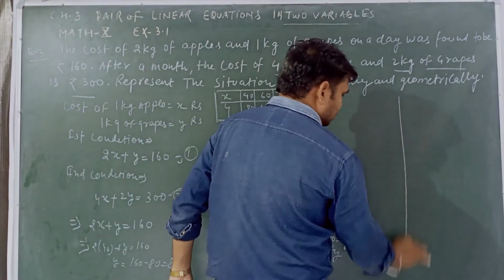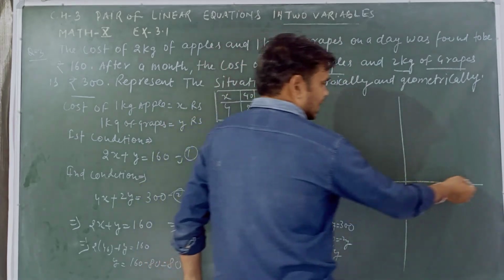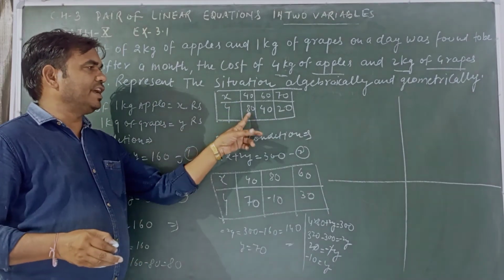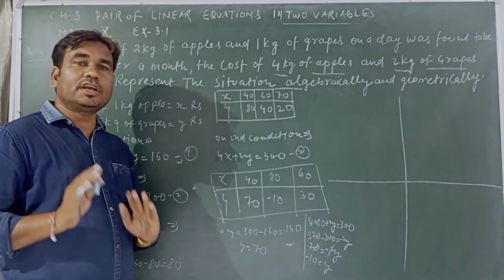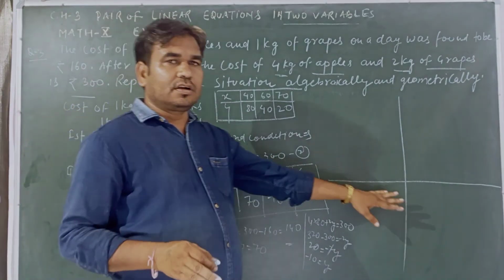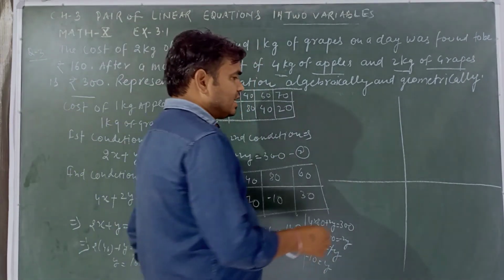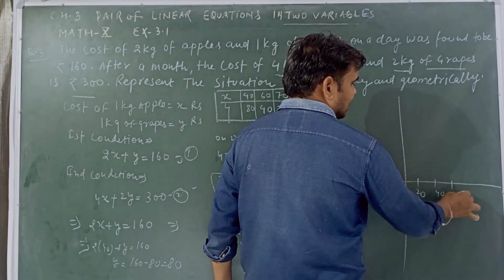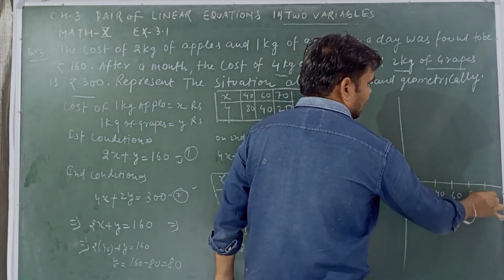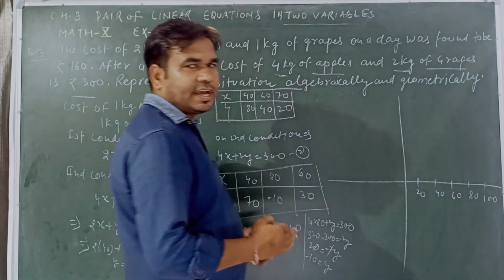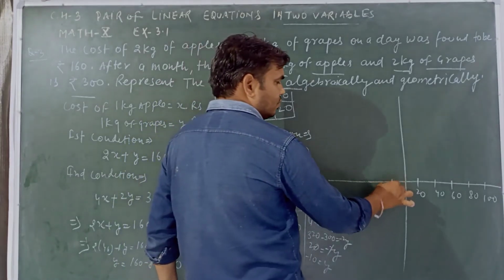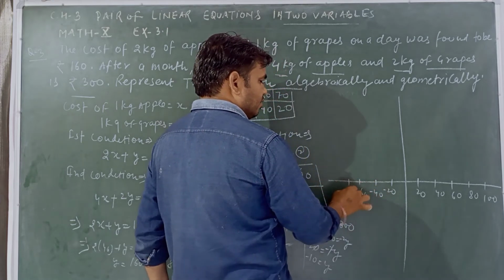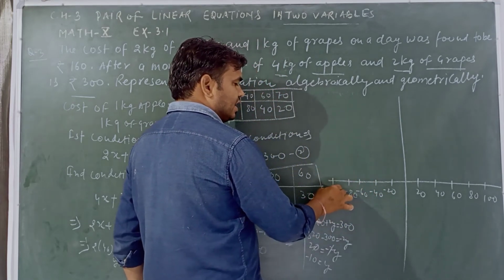Now we talk about the graph. Students, you see here 40, 80, 60, 40. So we can use graph tables just like 20, 40, 60, 80, 100 like this, and here also minus 20, minus 40, minus 60, minus 80, minus 100.